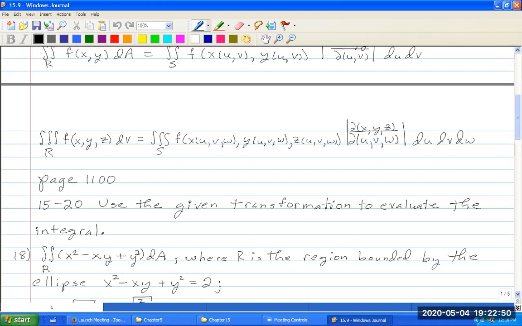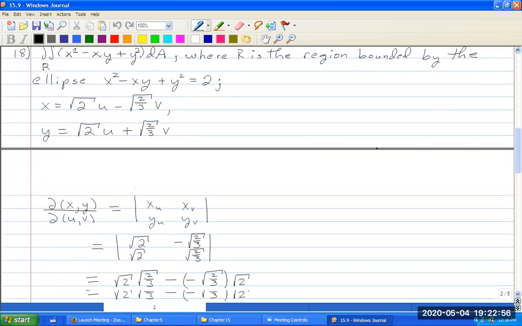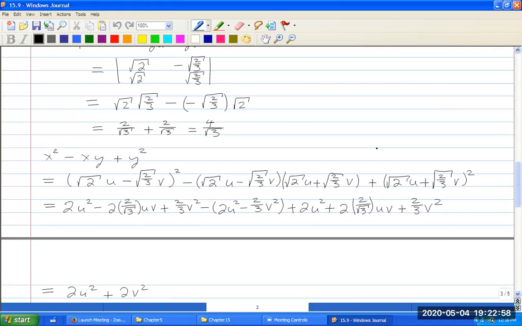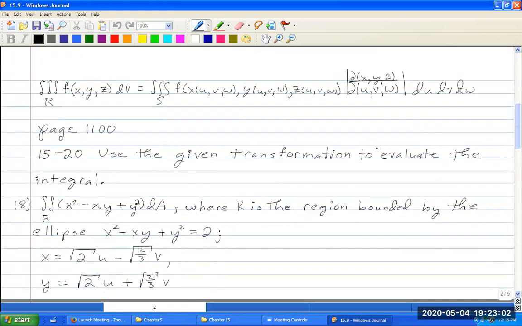Okay. So let's do some examples. Page 1100. In exercises 15 through 20, use the given transformation to evaluate the integral.